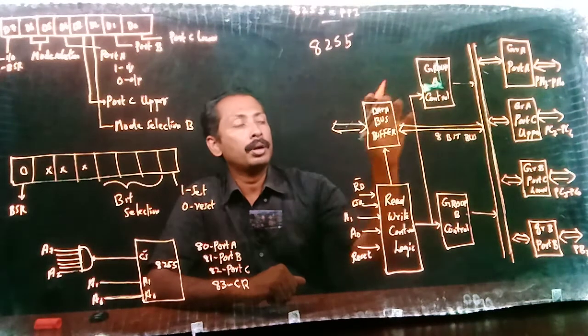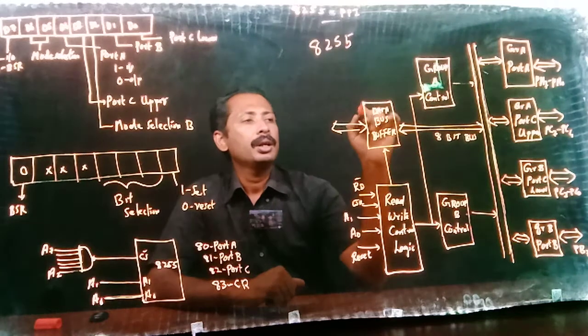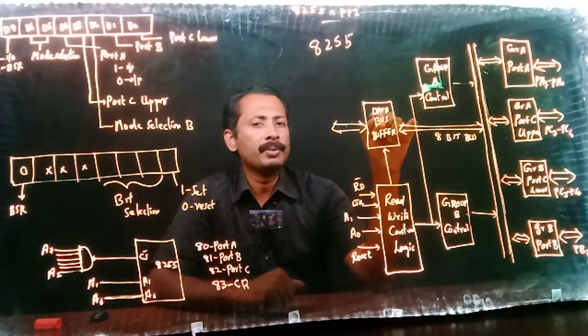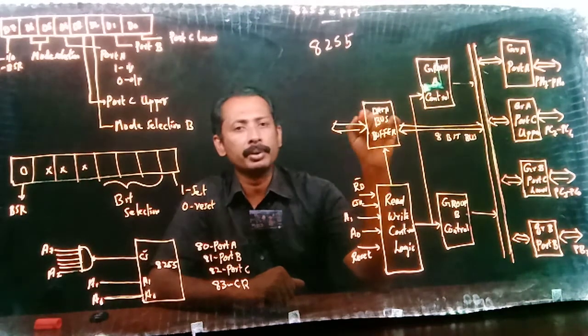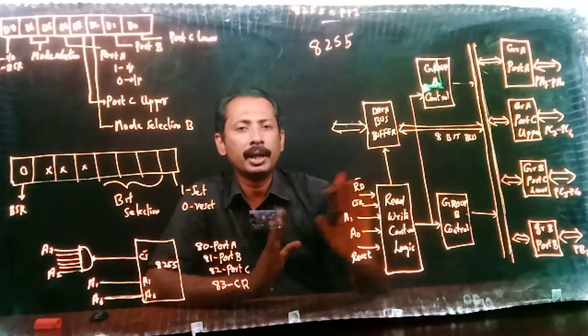So we have this many blocks inside this 8255. We have the data bus buffer. For connecting data buses, all the communication is done in parallel. Parallel means at a time.